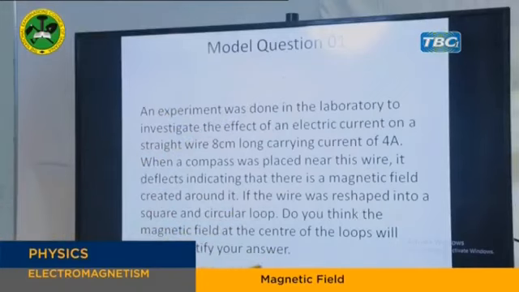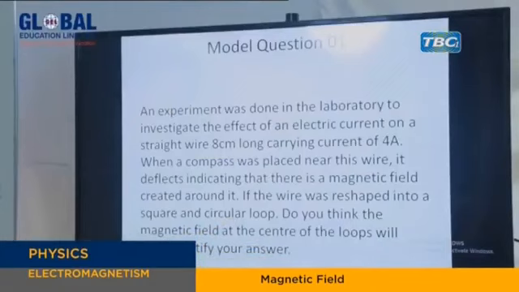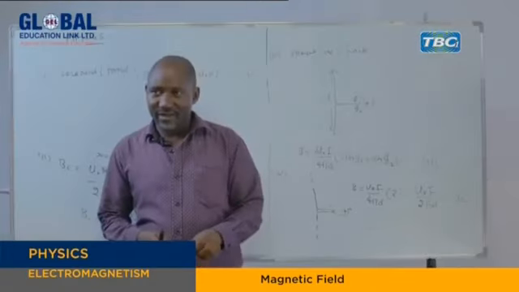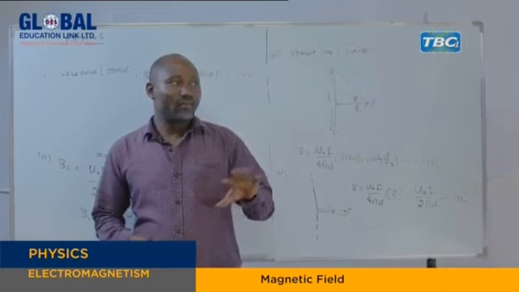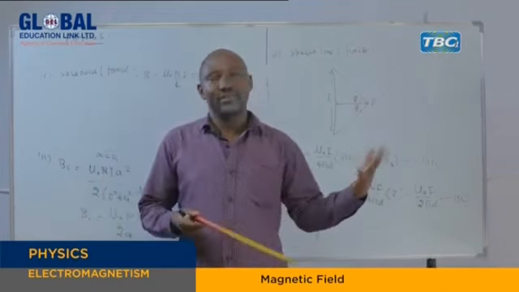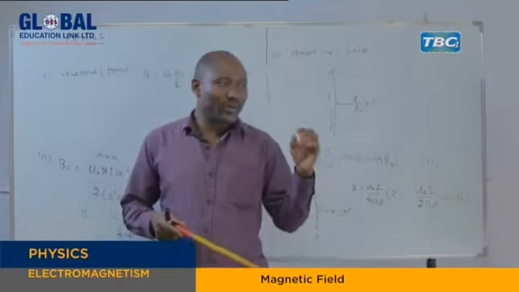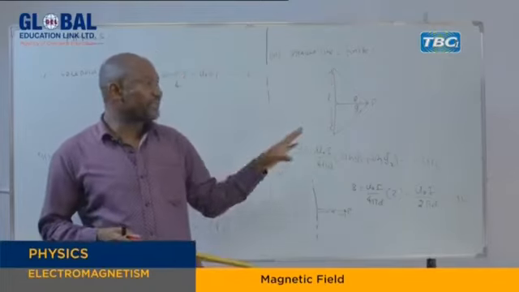Now the question is, do you think the magnetic field at the center of the loops will differ? Yes, fire your answers. That's where competence-based questions come in. Not straight questions, but questions that need you to know and apply different techniques.